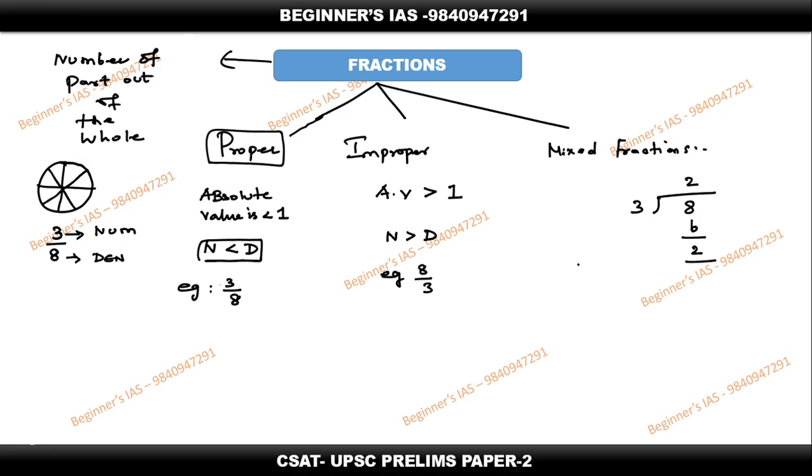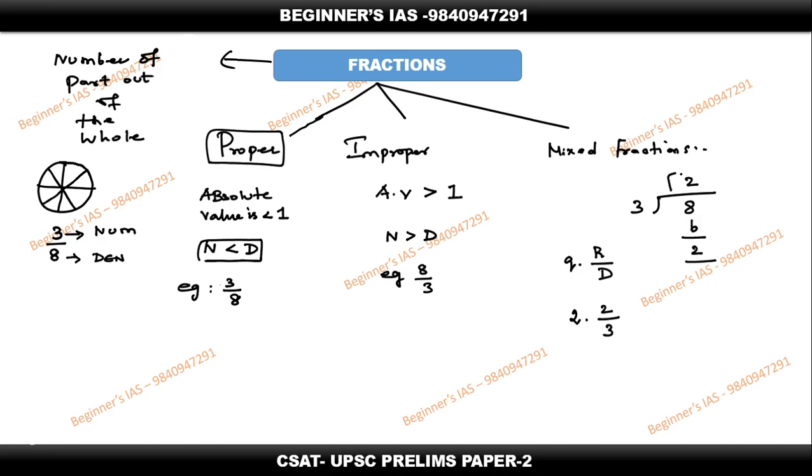For the mixed fraction, the procedure is quotient, then remainder by the divisor. This is the procedure to write an improper fraction as a mixed fraction. Then listen carefully. Quotient is 2, then remainder is 2, then the divisor is 3.